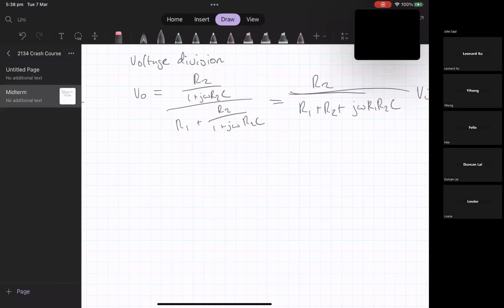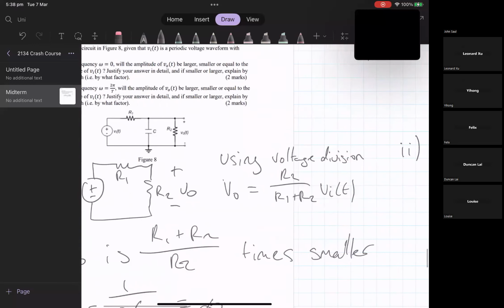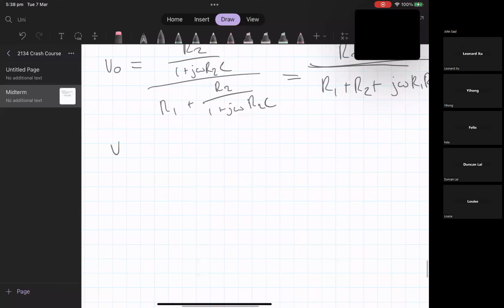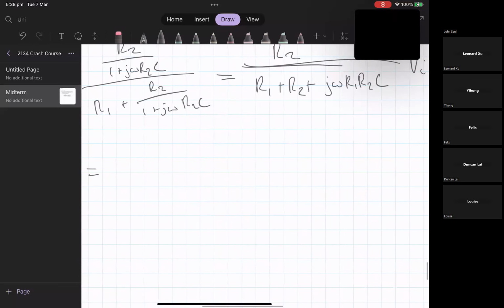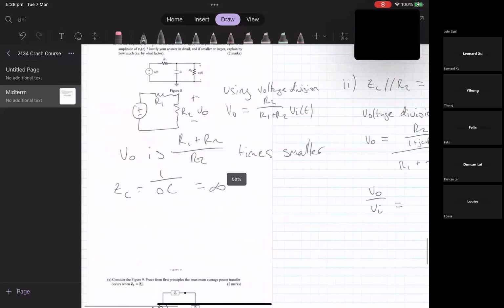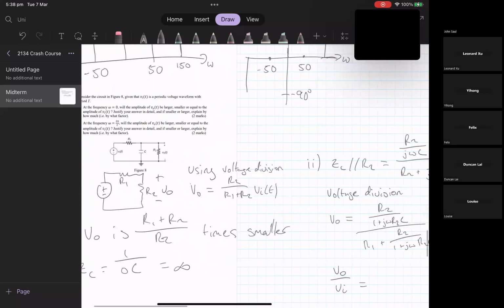In this case, we are given a frequency of 2 pi on t. Substituting that in. Well, I guess first we should take the magnitude of the transfer function here. So we want the amplitude.